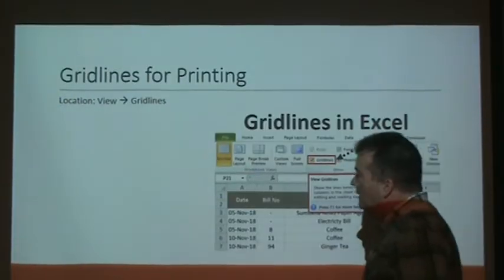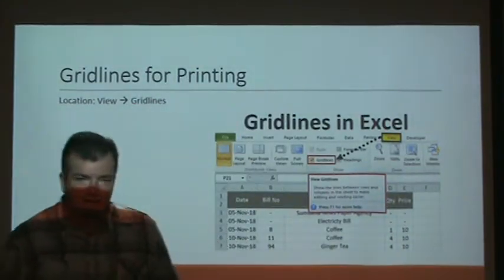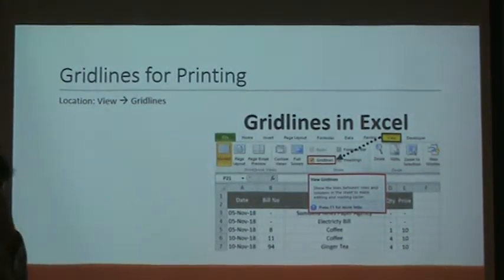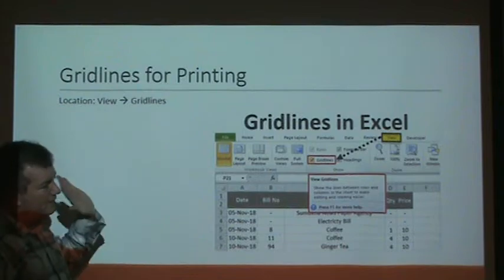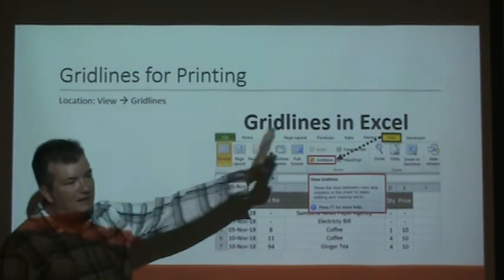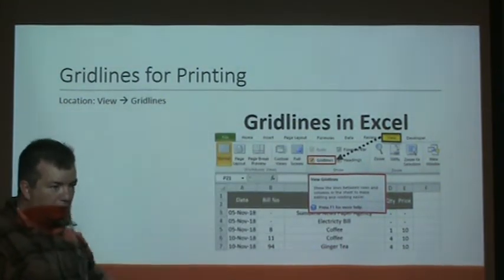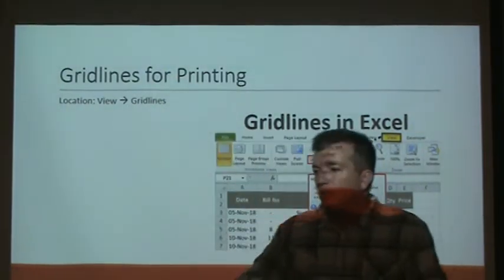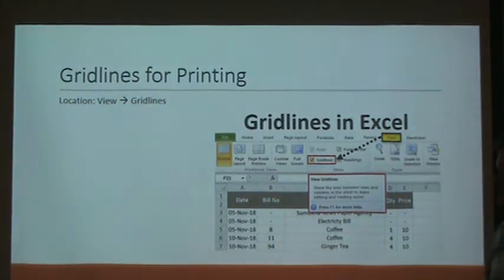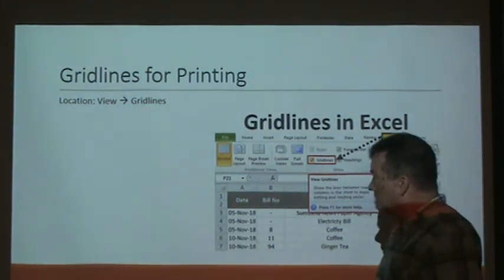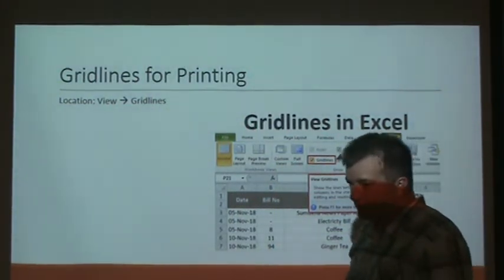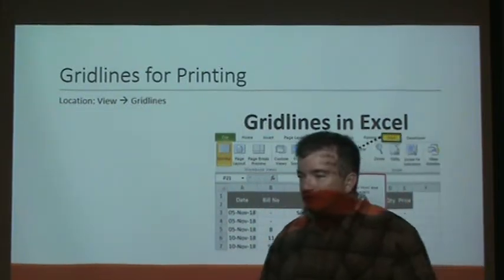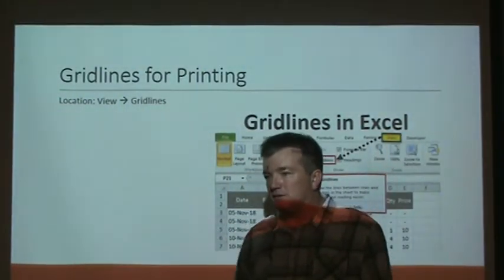Okay. And then there are also grid lines for printing. When you go to print something, because these sheets have so many columns and rows, the size of paper is fixed, whereas your spreadsheet is way too big to fit everything. So you might have one spreadsheet, but when you print it, it prints out on 6 pages.